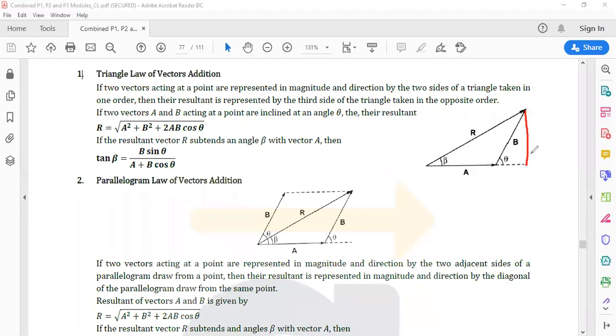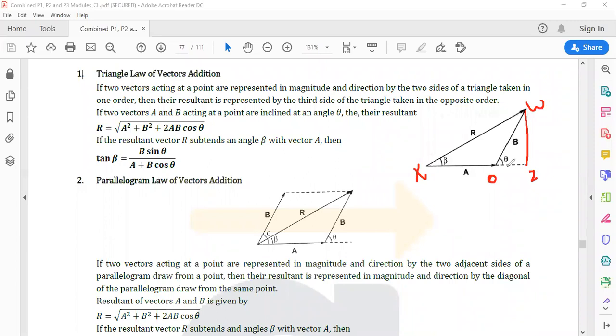We drew a perpendicular from this point. So this point is X, W, Z, O. We have two right angle triangles, XWZ and OWZ, and R is the hypotenuse of XWZ. So R square is equal to XZ square plus WZ square.